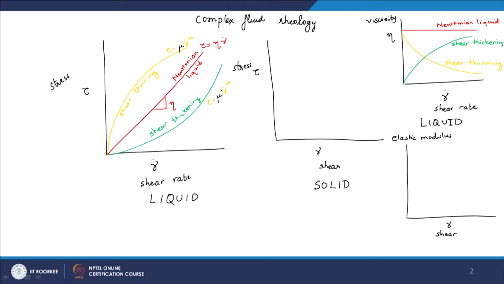The key issue now is that depending on the power of n, you can get a shear thinning behavior or a shear thickening behavior.